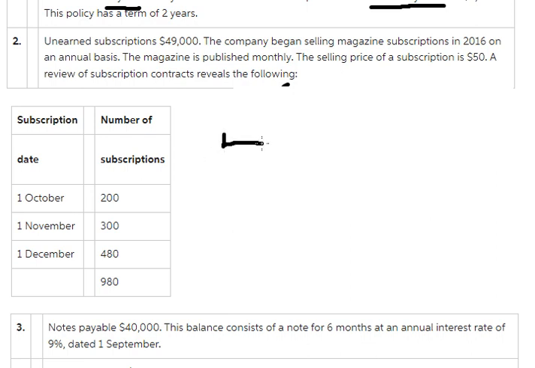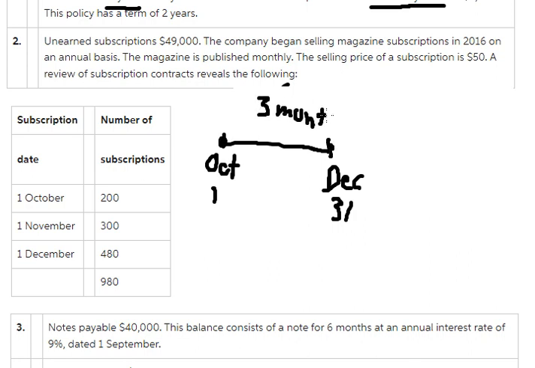So we draw the line in here. From this point to this point, that is about 3 months. Now we do similar for this one, that is 2 months and 1 month.